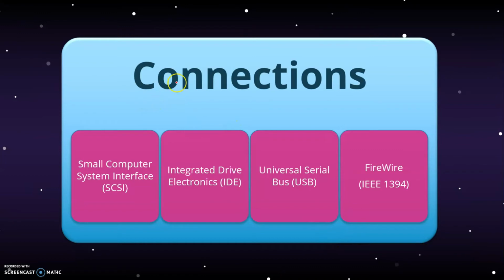So here are the 4 types of connections that you will learn for this chapter. When you have separate equipment that is required to develop your multimedia project, you need a connection device to connect them to your computer.